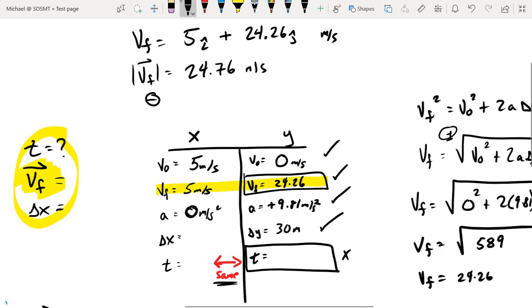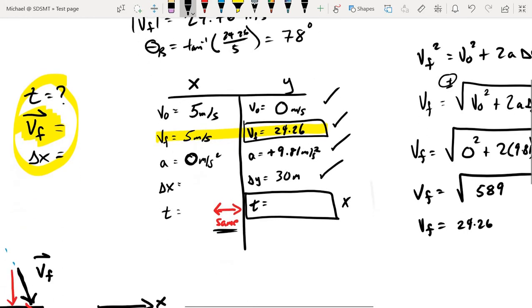And then the angle. The angle we can find by taking the inverse tangent of our y component over our x component. And that is giving me just a little bit over 78 degrees.